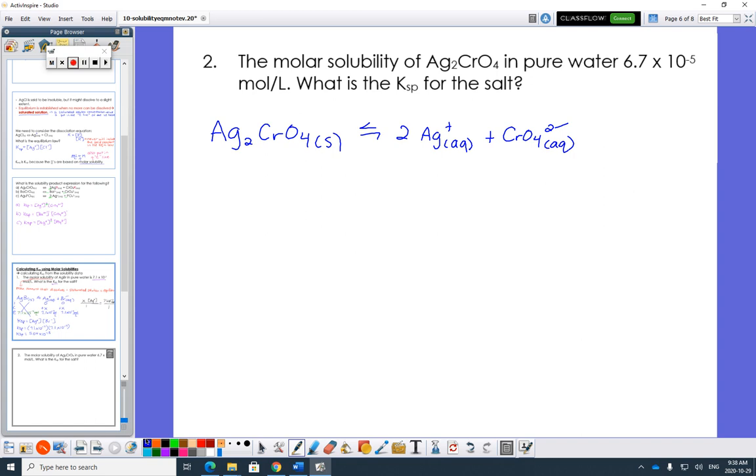So we do the same thing. Ions start at 0. However, this time now with silver, because of the coefficient of 2, then it becomes 2x.